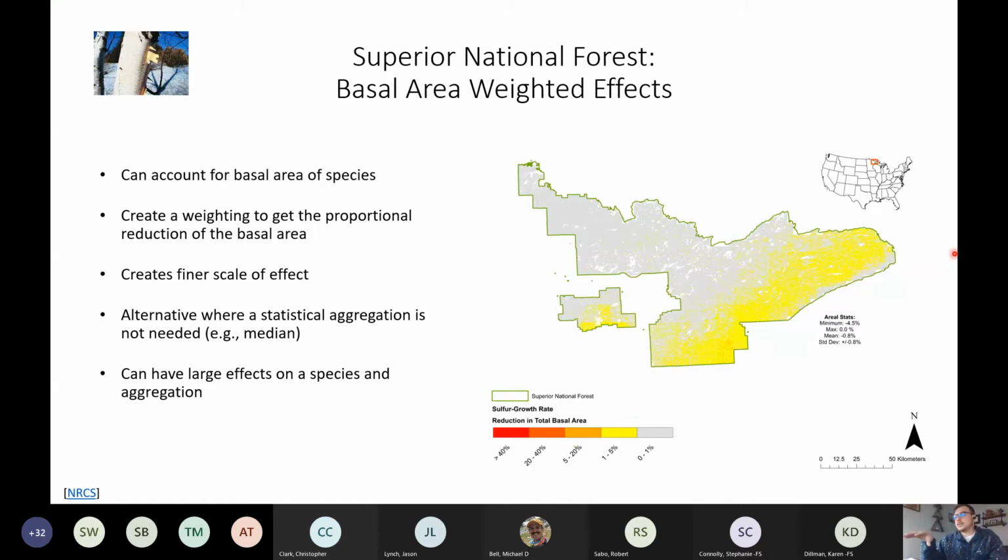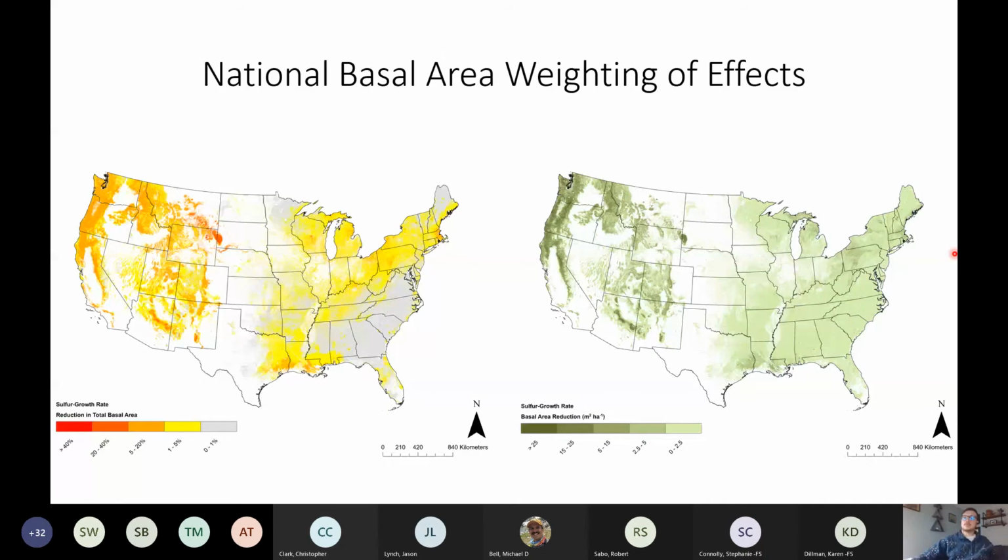So now we've done this for Superior, but we can scale it up nationally. Looking at it nationally, on the left, what we're seeing here is the reduction in total basal area as it relates to the sulfur growth rate for the entire country. So this is using all the species that are present nationally.